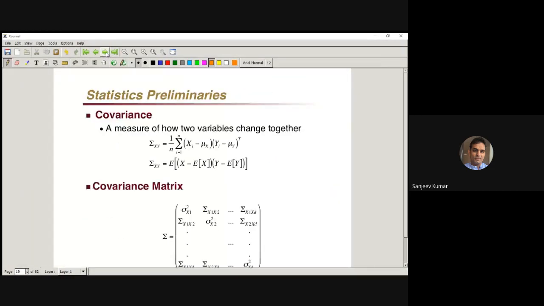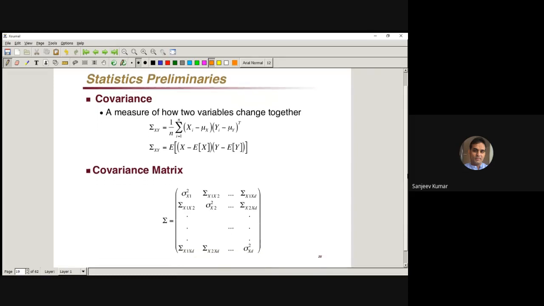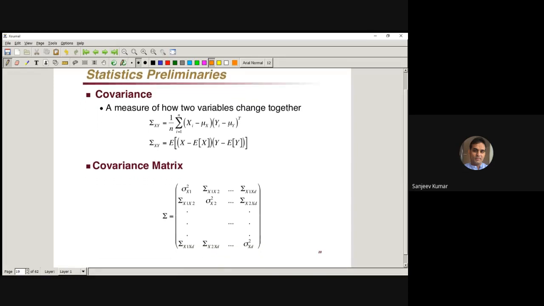Let me come back here. This is when I talk about one column, but if you have data in two columns, let us say x1 and x2, so I have some data here for some number of samples for the x2 attribute as well. Now I will talk about covariance. It is a measure of how two variables change together, and mathematically it is given by this one.